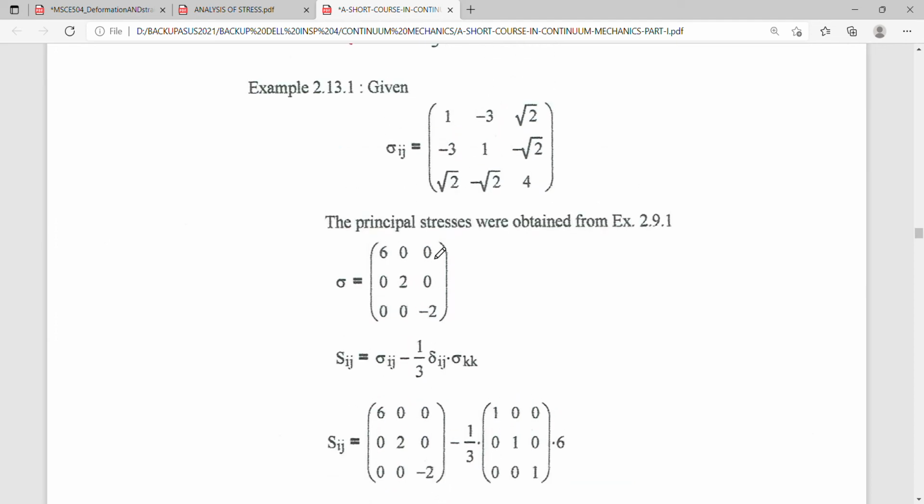It is not necessary to convert the original stress tensor on the y-axis. This is now converted into a y prime axis in the principal direction. So you are now in a pure normal stress state.